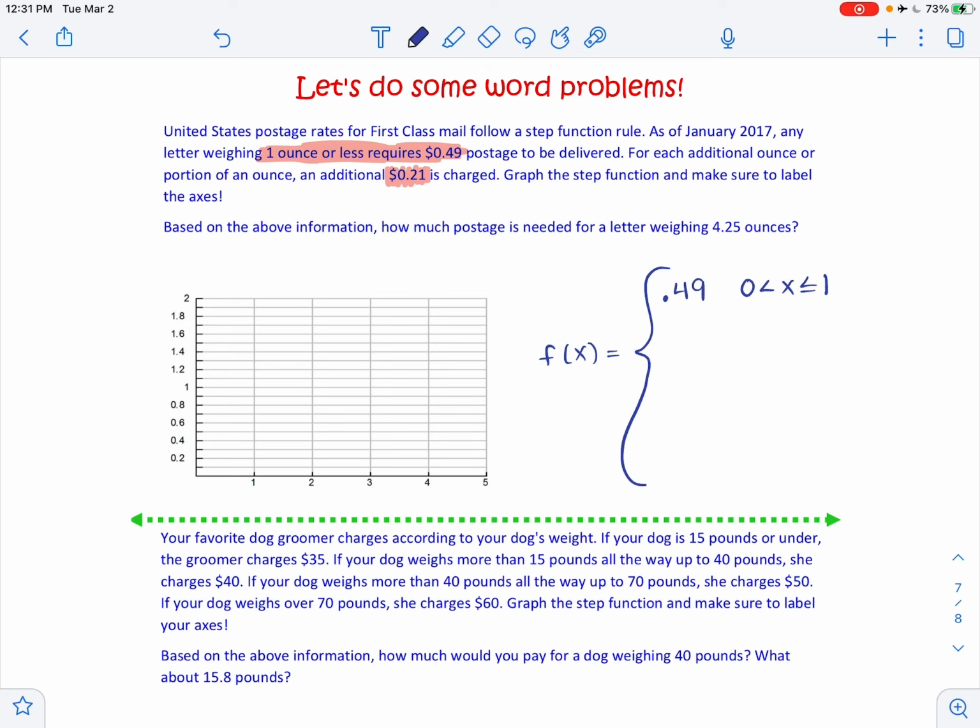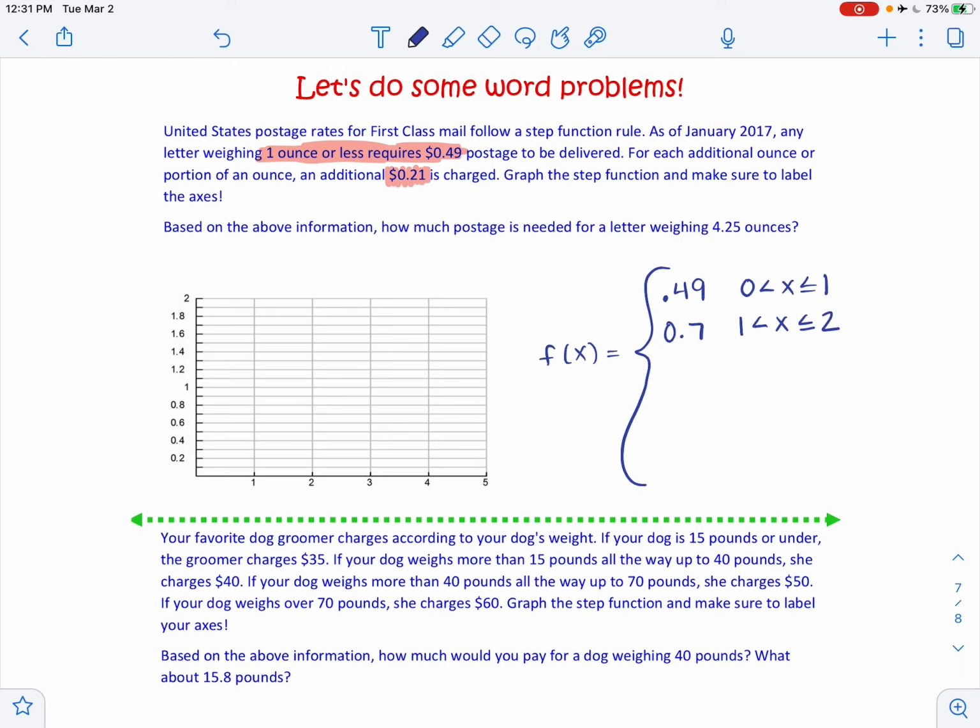All right, as soon as you go above 1 ounce, you're paying an additional 21 cents. So to find the next step of this function, I'm going to add 0.49 plus 0.21. So the next step is 0.70, and that is for anything greater than 1, so 1 is less than x, up to equaling 2 ounces.